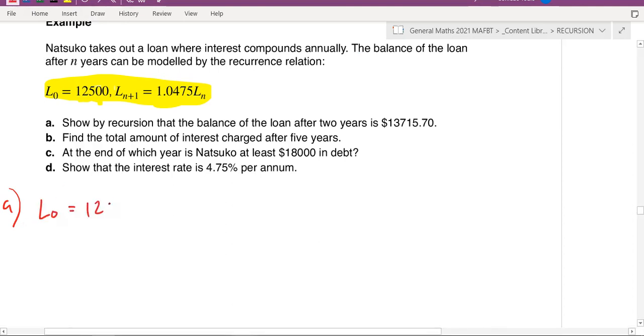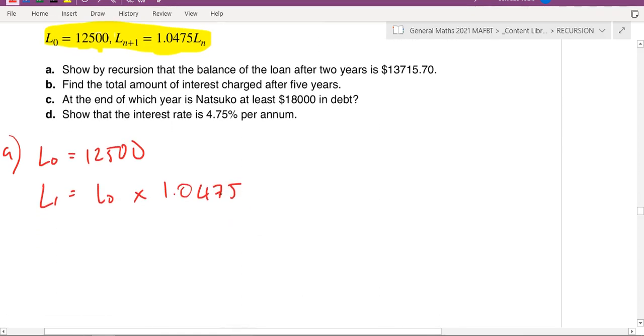So L0 is 12,500. L1 will be equal to L0 times 1.0475. So L1 is equal to 12,500 times 1.0475.